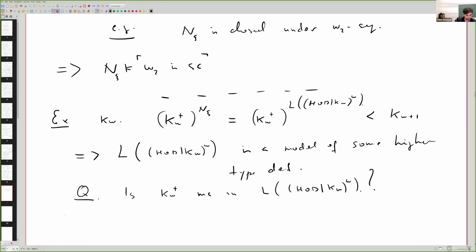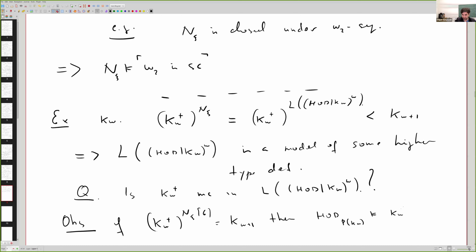I guess I could just write an observation. If kappa omega plus of N psi is kappa omega plus 1, then add of the power set of kappa omega thinks kappa omega plus is a measurable cardinal.